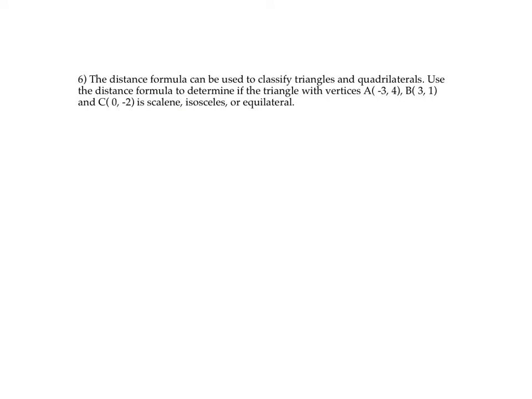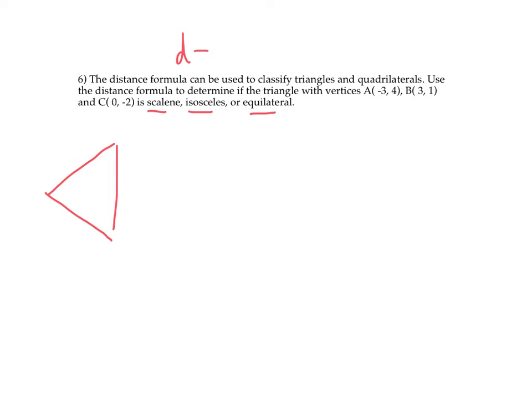In number 6, it says the distance formula can be used to classify triangles and quadrilaterals. Use the distance formula to determine if the triangle with vertices at points A, B, and C, as listed, is isosceles, scalene, or equilateral. So we're going to use the distance formula to prove whether or not sides of this triangle are congruent to each other.